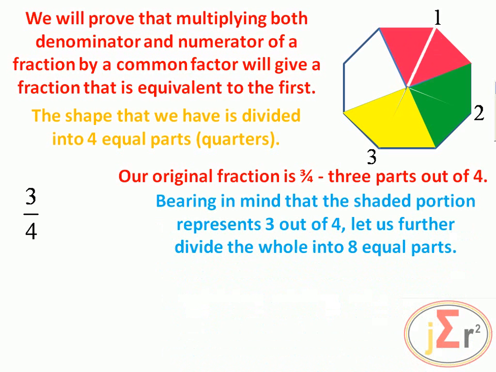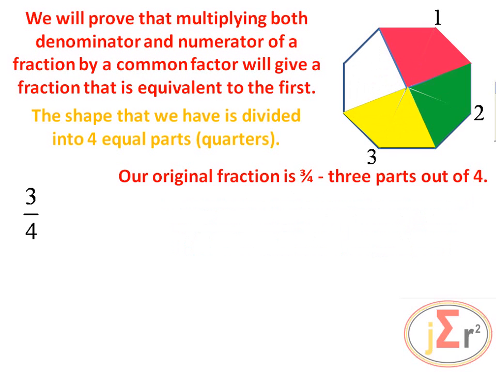Bearing in mind that the shaded portion represents 3 out of 4, let us further divide the whole into how many equal parts will we go for now, Jerry? 8. 8 equal parts. So what we had there before represents how many equal parts? 4. Right.